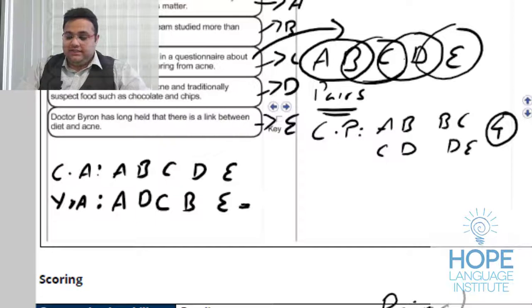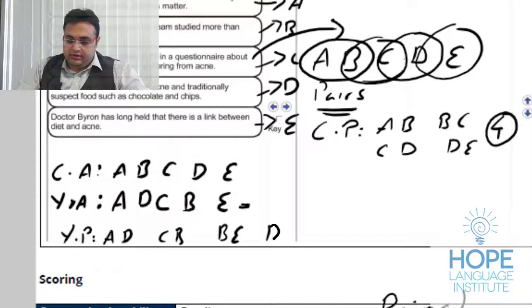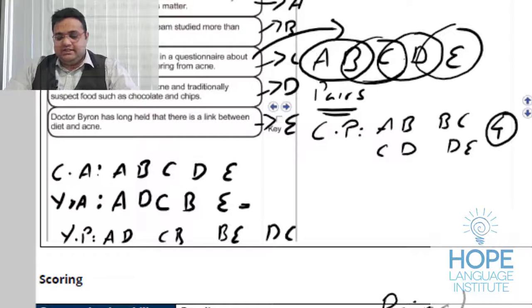Now let's compare your answer with the correct answer, that is A, B, C, D, E. In your answer, what are your pairs? It is AD, CB, BE, oh yeah, I missed DC. So AD, CB, BE, DC, but these are your pairs.